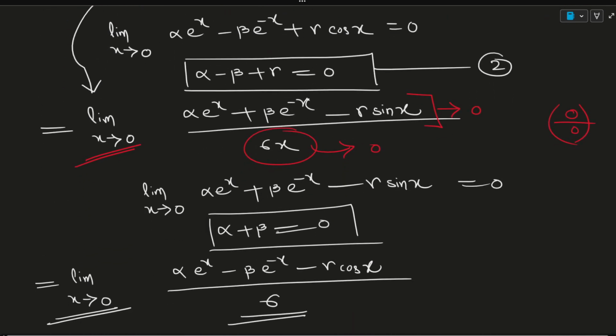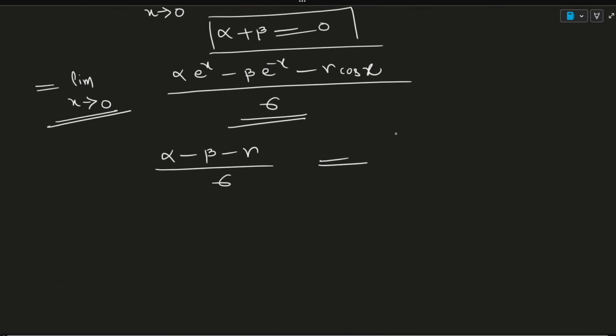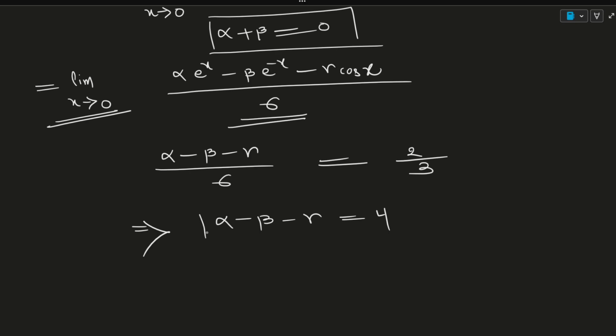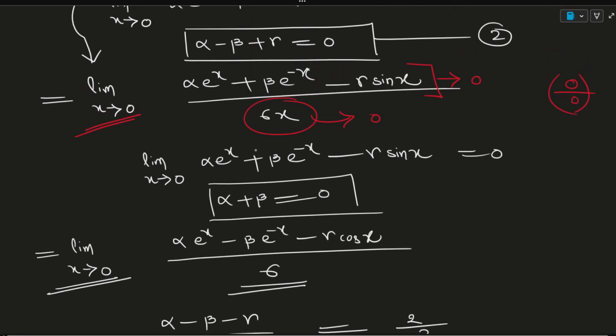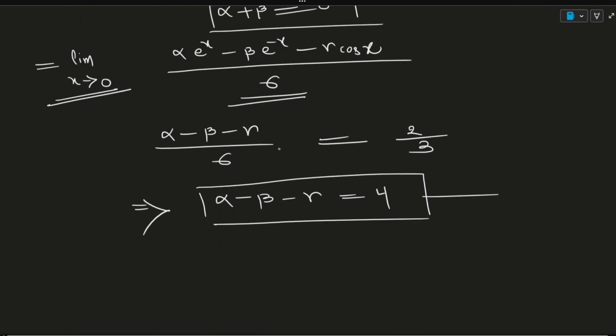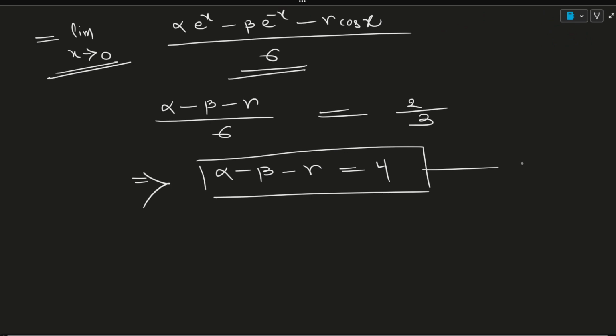It is very clear that it is 2 by 3, which implies alpha minus beta minus gamma is 4. Now here we got another equation, so I will rename this equation as equation number 3.